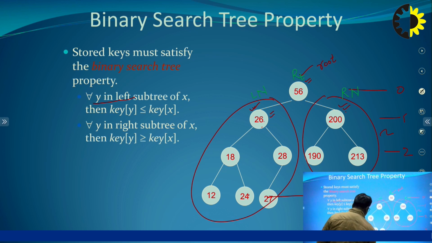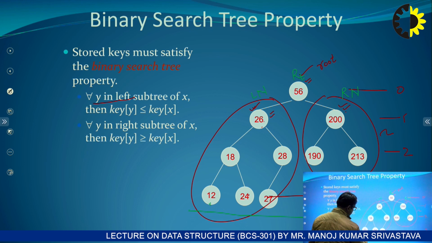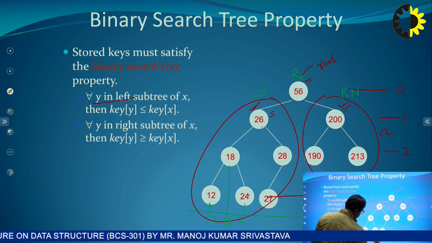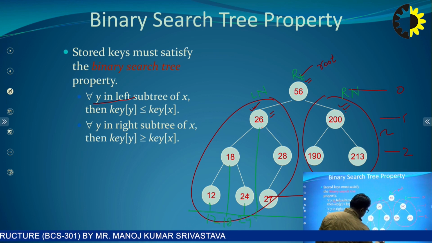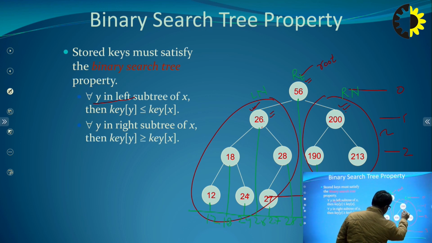If we consider this subtree, in-order traversal is always the mirror image of whatever data is present in the different subtrees, and while traversing in-order, it will give the data as 12, 18, 24, next 26, 27, 28, now 56, 190, 200 and 213.